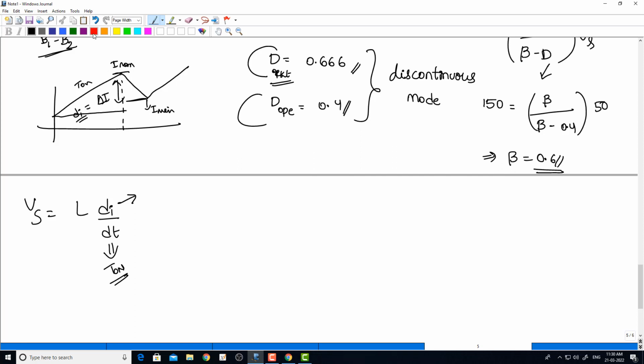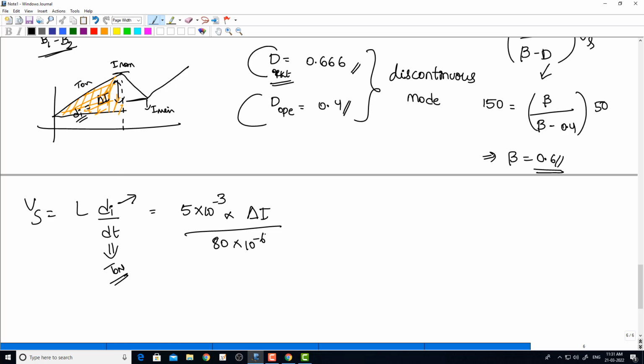So L is 5 millihenry into delta I, divided by T on, which we just found to be 80 microseconds, and Vs is 50. This implies delta I is equal to 0.8 amperes.